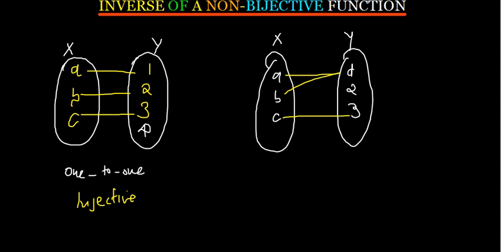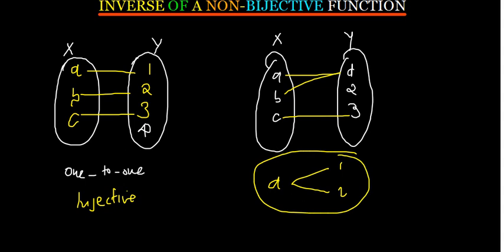For the function that we see here, all the elements in x have been paired. By definition, if all the elements in x have been paired, then that is a function. But you can't have one x value going to two y values, then that is not a function. But you can have one y value going to two x values, that will still be a function.